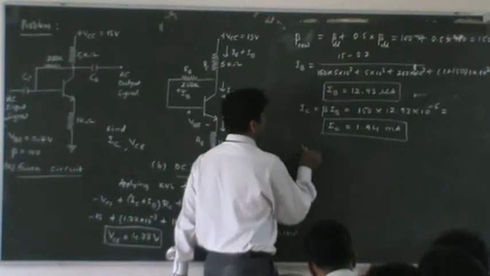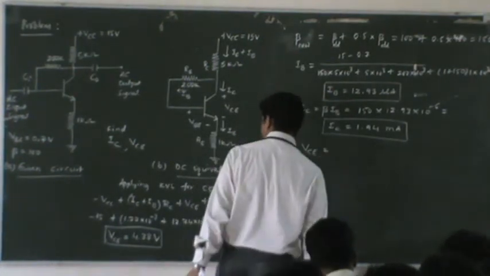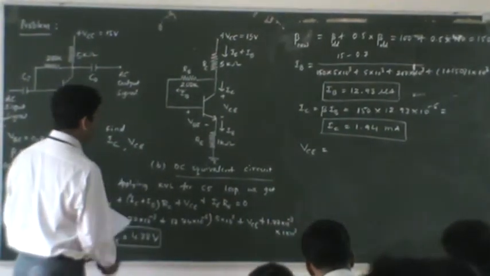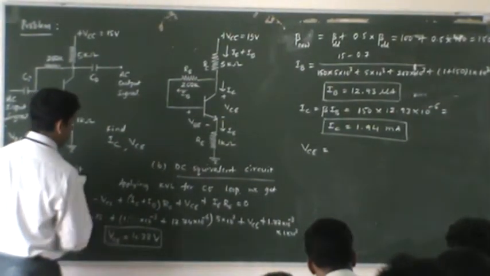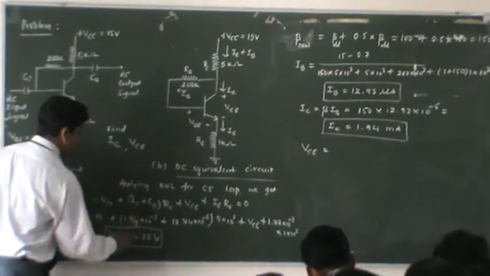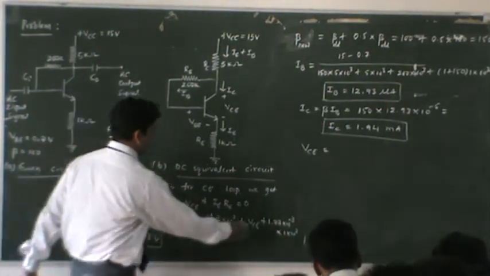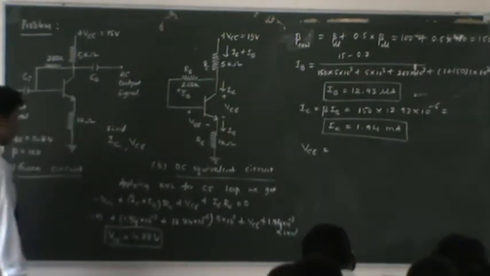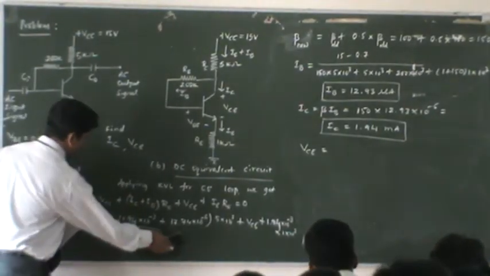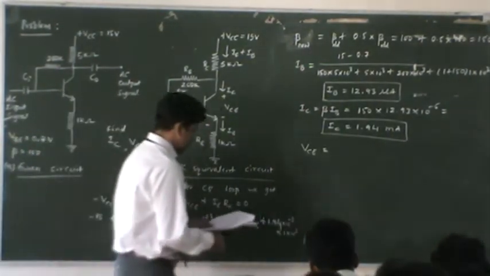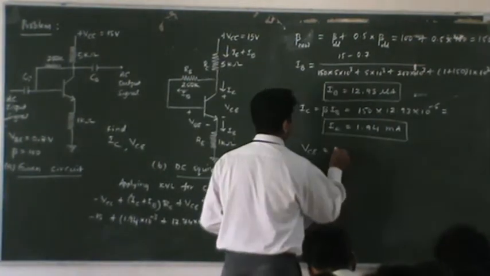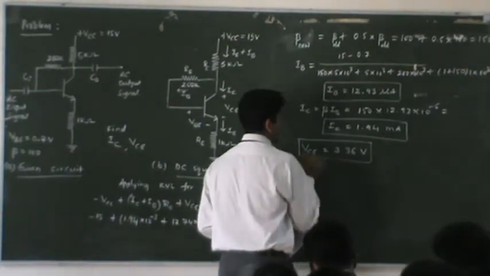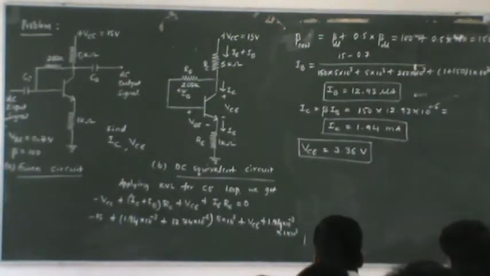Substitute everything, the new value of IC, which is 1.94. Just see what the new value of VC will be. It is 3.36 volts. This is the new value.